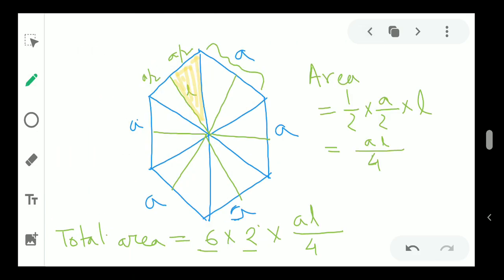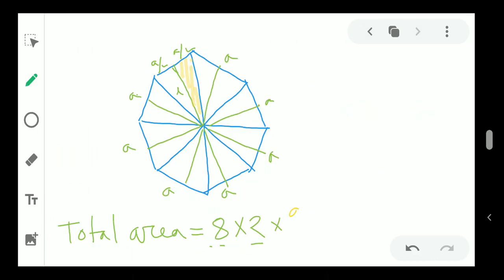The same formula, so it will come the same, aL by 4. Sorry, let it be in green only. So aL by 4.